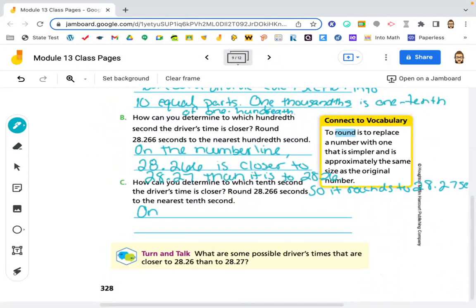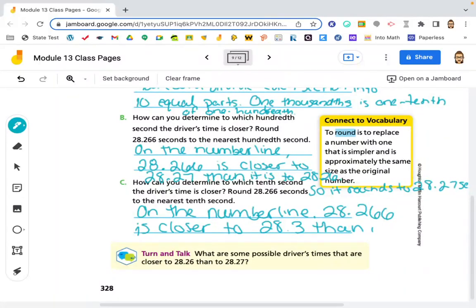So on the number line, 28 and 266 thousandths is closer to 28 and 3/10 than it is to 28 and 2/10. So it rounds to 28 and 3/10 seconds.